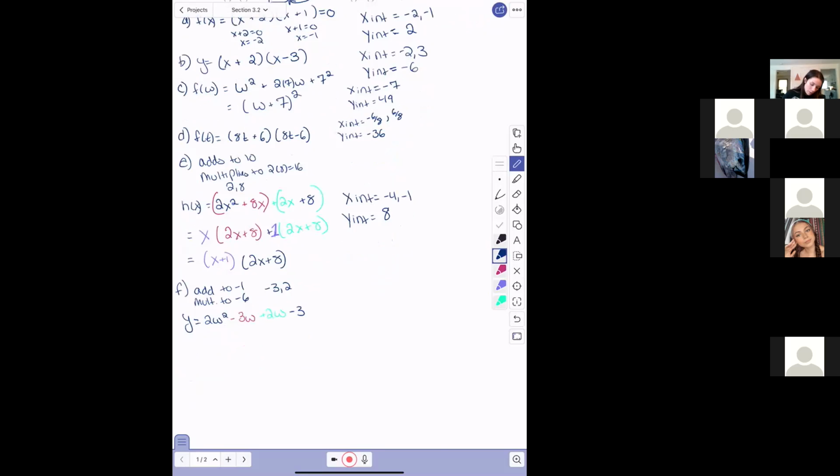Then I'll go ahead and set up my two sets of parentheses, my magenta set and my teal set. I noticed that in my teal set of parentheses, I can't pull anything out. So I have to make my magenta set of parentheses look like my teal set. So what can I pull out of my magenta set to make it look like the teal one?